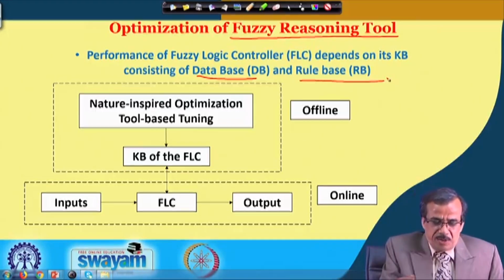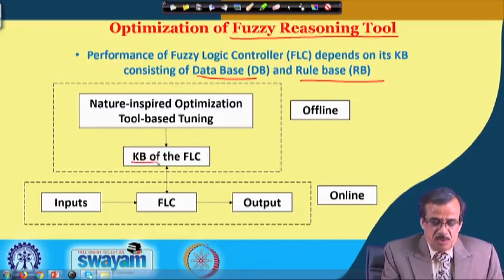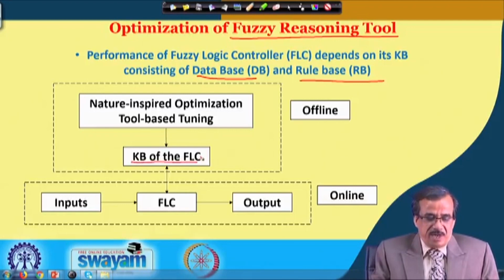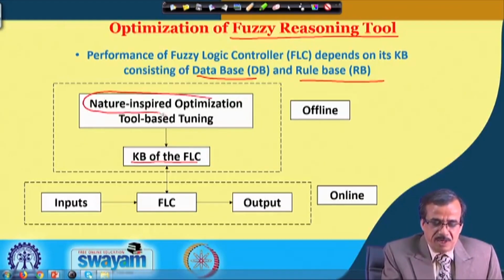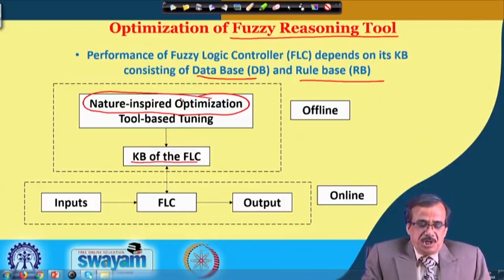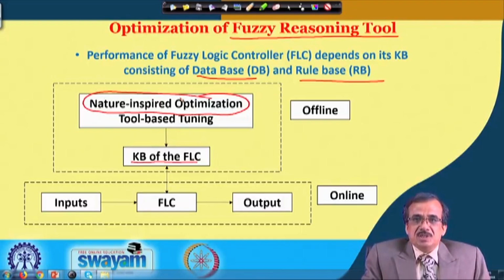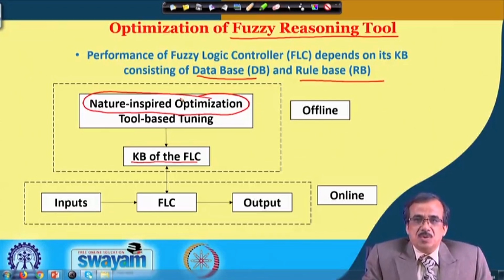Here, this knowledge base of the fuzzy logic controller, that is the database and the rule base, we try to optimize with the help of a nature inspired optimization tool. During this training or tuning, we will have to take the help of some known input output relationship, and that is known as the training scenario.